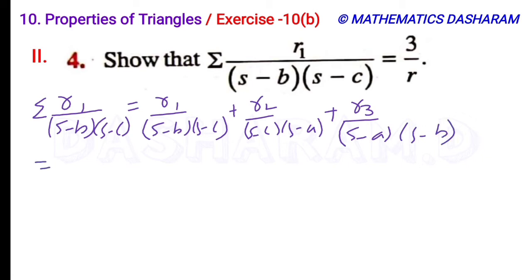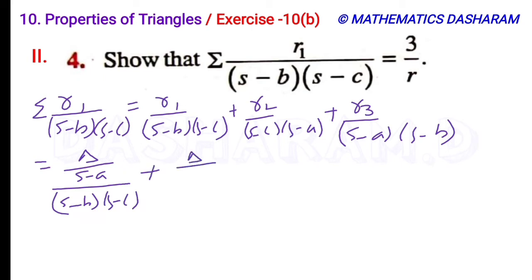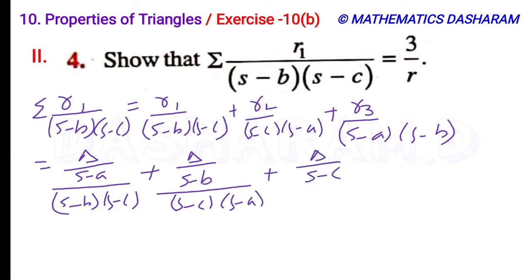After that, the r1 formula is delta divided by s minus a, so whole divided by s minus b into s minus c. Plus the r2 formula is delta divided by s minus b, so divided by s minus c into s minus a. Plus delta divided by s minus c, divided by s minus a into s minus b.